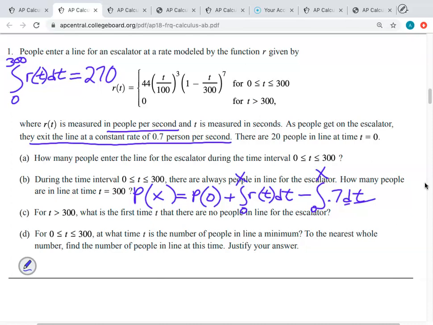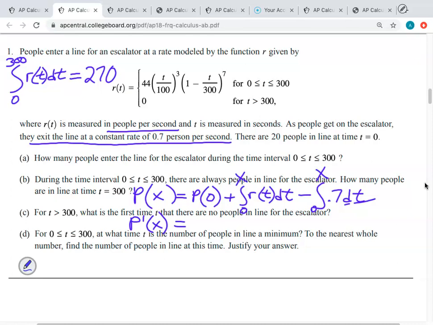Watch what happens when I find p prime, the rate of change of the number of people in line on the escalator. So p prime. What's the derivative of p of 0? 0, because p of 0 is just a number, right? So that's gone. All right. What's the derivative of the integral from 0 to x of r of t dt?